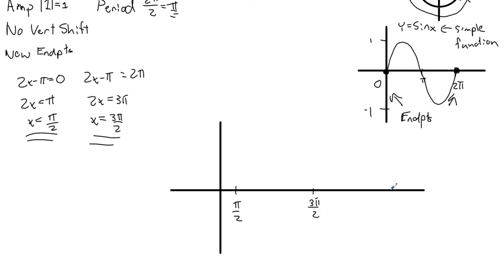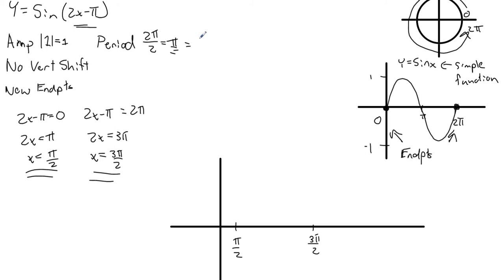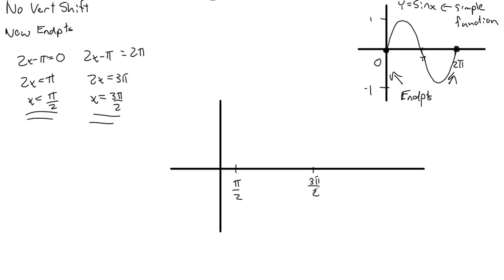And I want to do a second period here, and it has to be pi units long, but we're already talking about pi over 2 units. So pi is equal to 2 pi over 2. So if I add 2 pi over 2 to 3 pi over 2, I get 5 pi over 2.